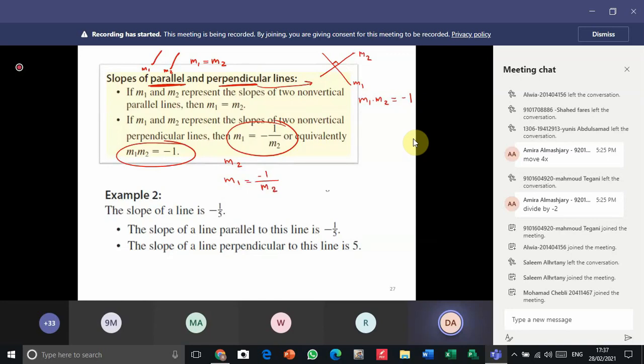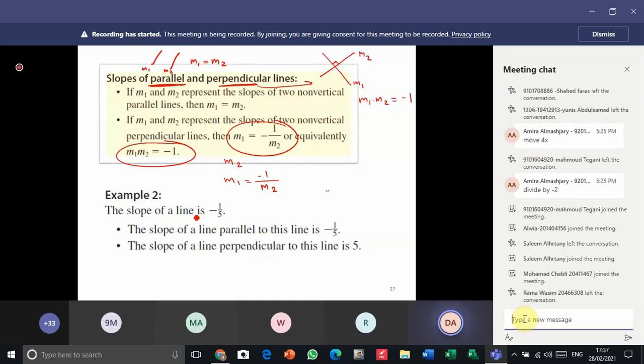Okay. Look at this. We have the line with this slope. The slope of a parallel line is the same, because this is parallel. Any line parallel to the line has the slope -1/5. But for perpendicular, look at this.